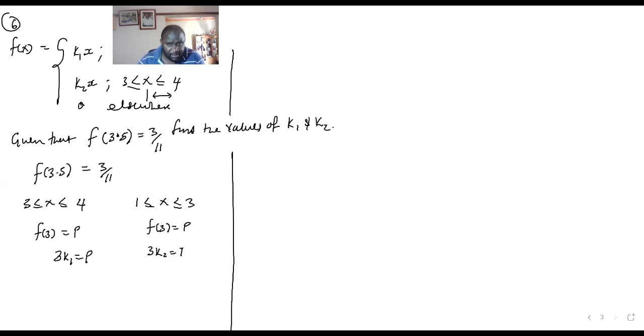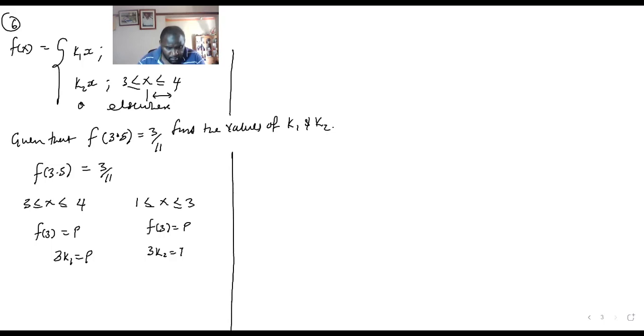Anyone make a suggestion? Yes, Chasimire. Teacher, I was thinking that we first use the 3.5 to find the value of K2, since it is in between the range of 3 and 4. So we use that 3.5 with the K2, which will be equal to 3 out of 11, to find the value of K2.